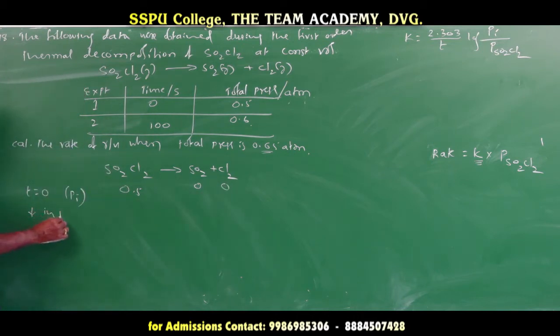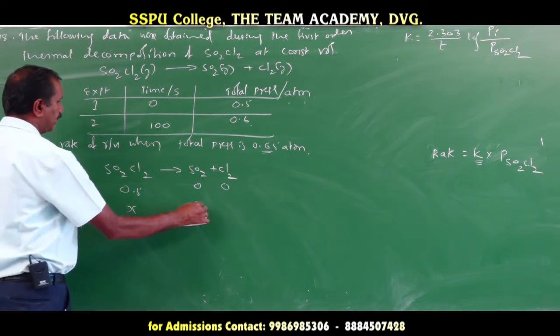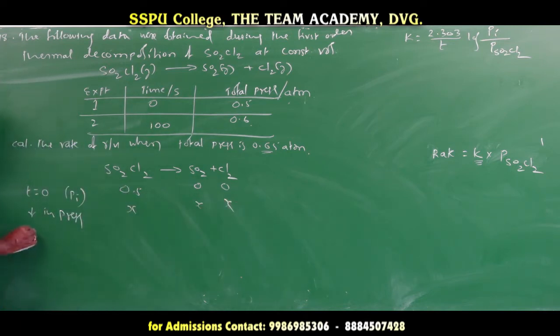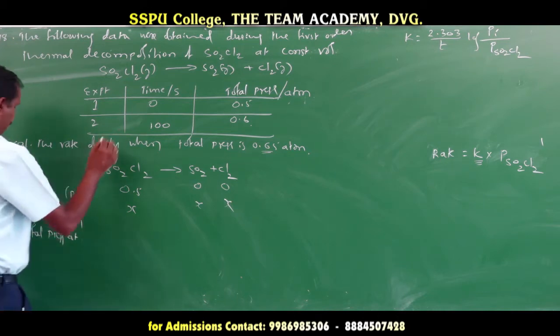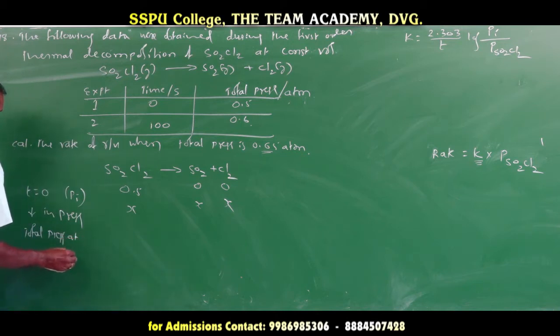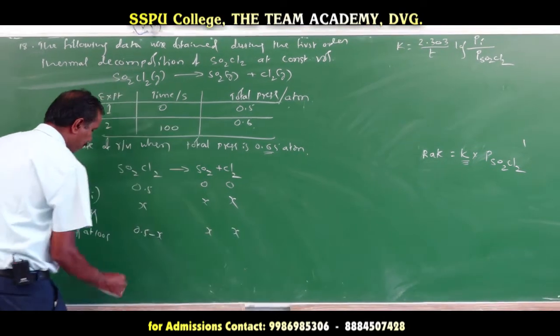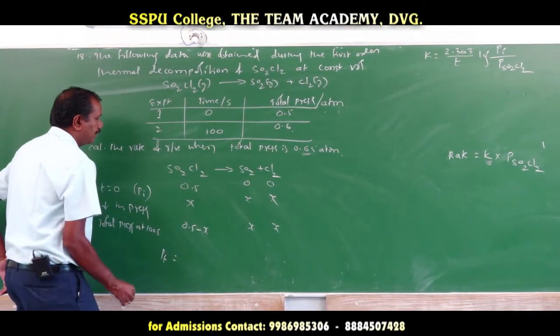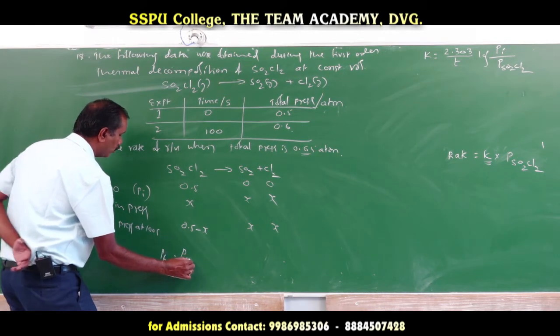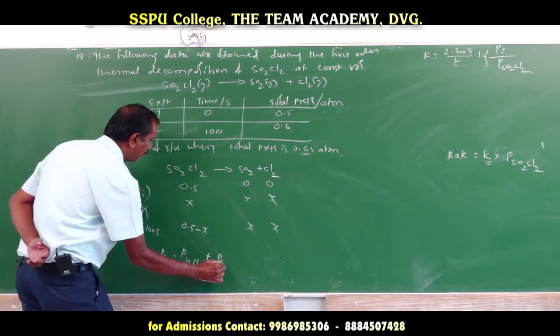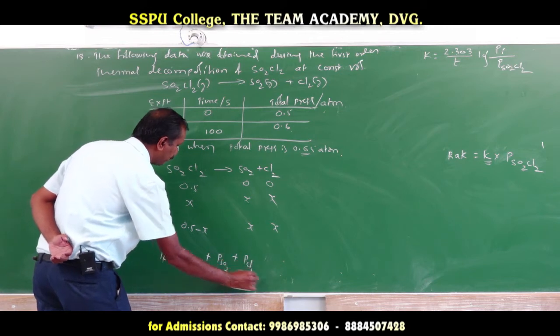The decrease in pressure is X, and X, and X. Then the total pressure at 100 seconds: SO2Cl2 is 0.5 minus X, and the products are X and X, where PT is the partial pressure of SO2Cl2 plus partial pressure of SO2 plus partial pressure of Cl2.